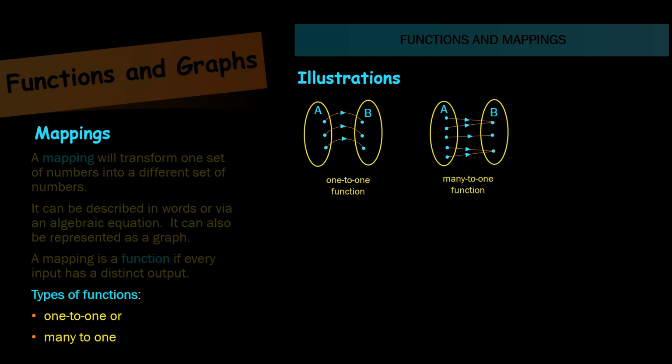We may have another scenario. In this scenario, we may have one value in the set A mapping to two values in the set B. This is one-to-many, but it is not a function.